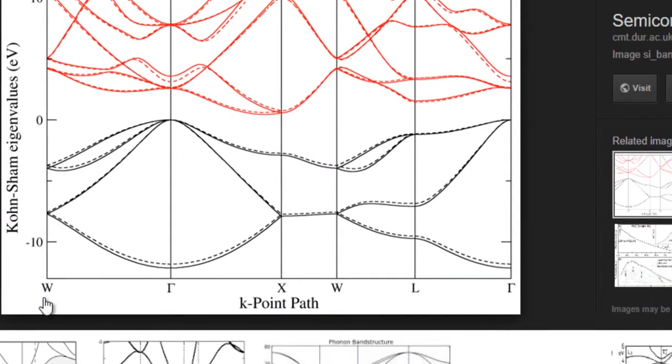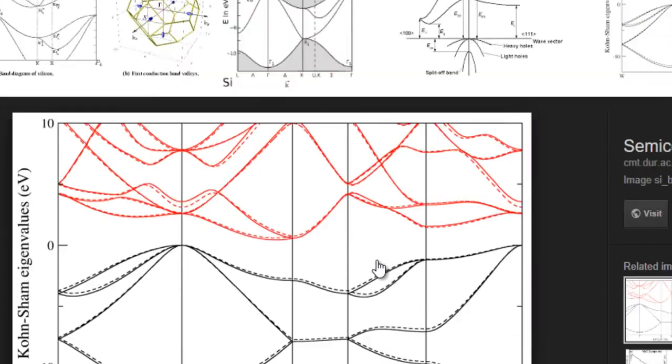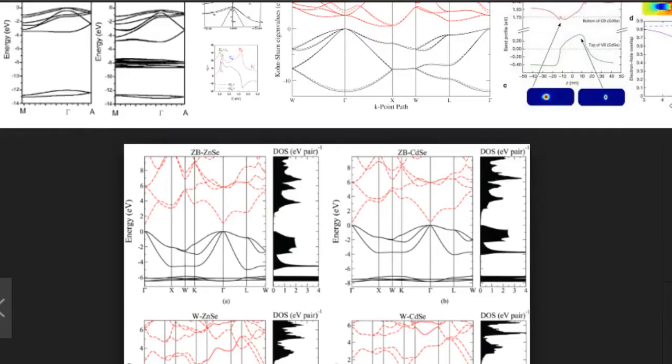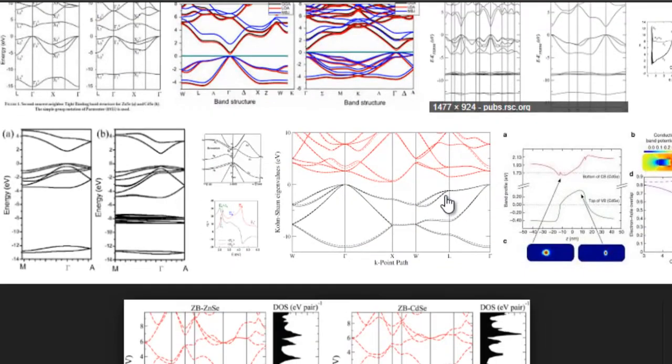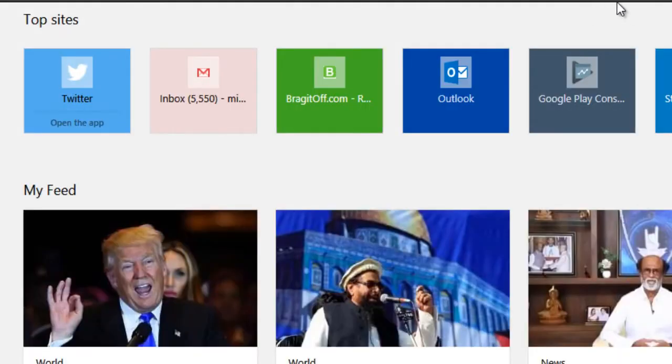So these are basically the high symmetry points corresponding to a crystal lattice, right? In the case of silicon, we have an FCC lattice, and in the case of CdSe also we have pretty much a diamond FCC lattice, I guess. So what we do is we plot the band structures along the high symmetry points because they basically contain all the information.